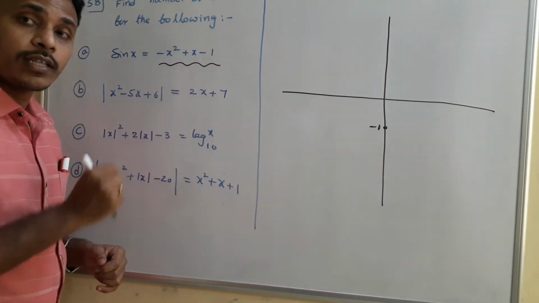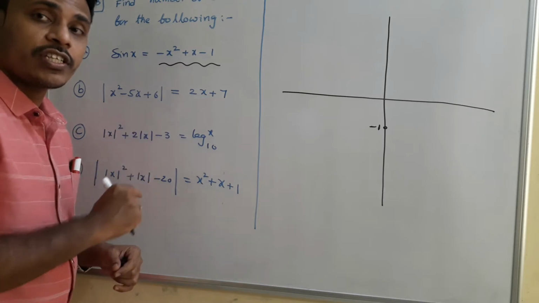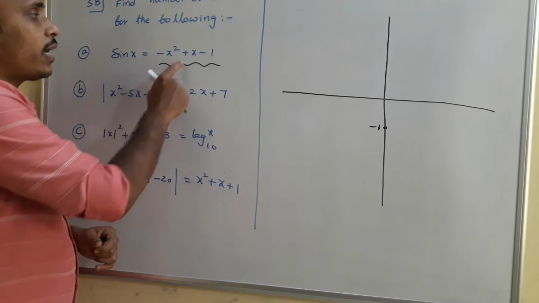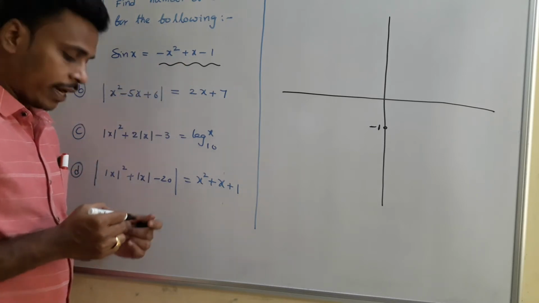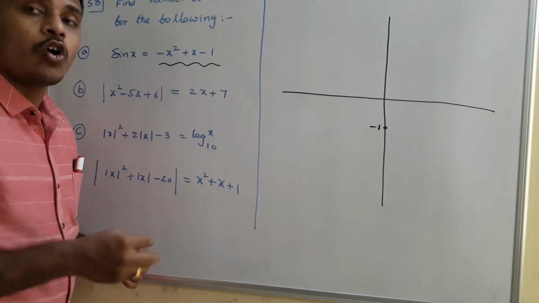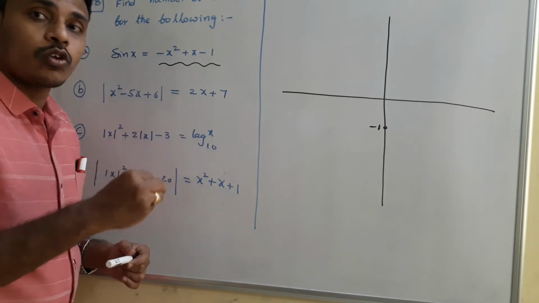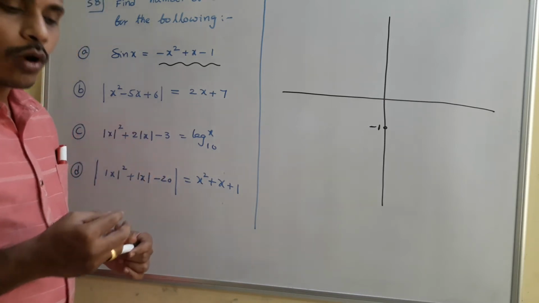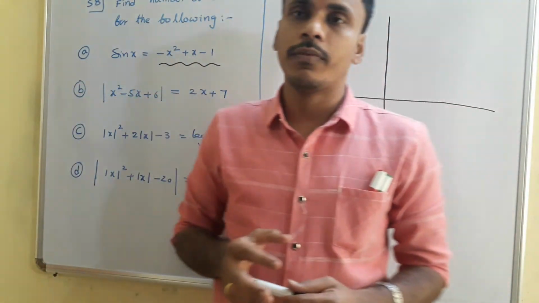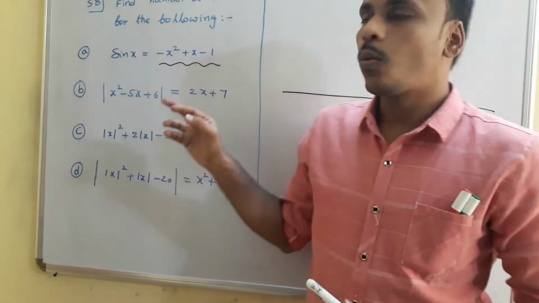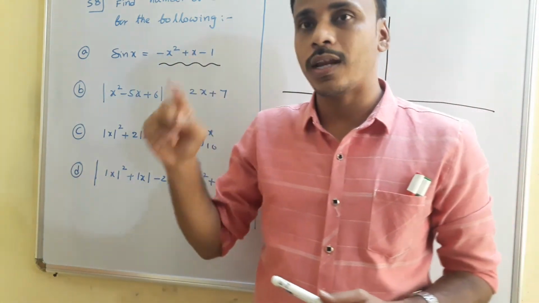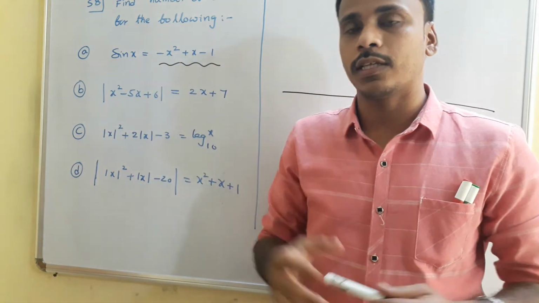Since it is a downward parabola, we know it has a maximum point. At what value of x will it get the maximum point? We know quadratic expressions get the maximum point at x equals minus b by 2a. So b is the coefficient of x, which is 1, and a is the coefficient of x square, which is minus 1.